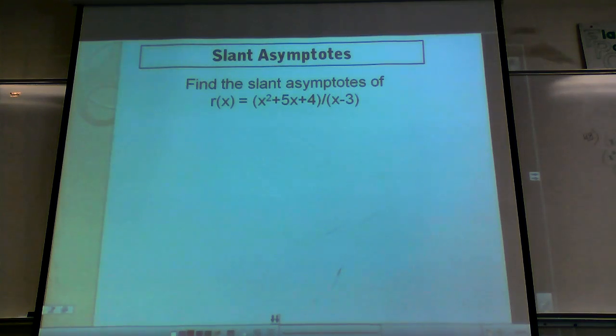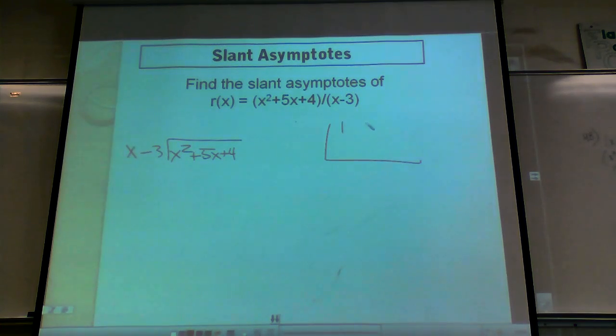All right. So in order to do this part, we're just going to deal with the slant for right this second. Essentially you're taking the denominator and dividing it into the numerator. With this problem, I can either set it up as long division, or I could do synthetic division.